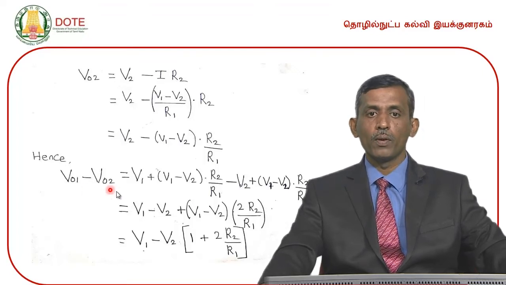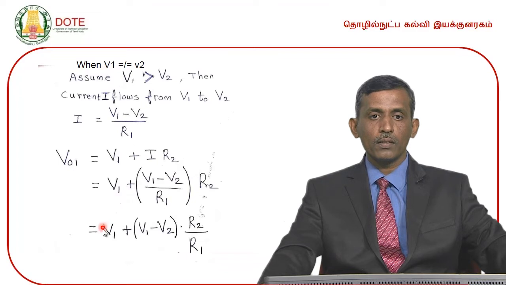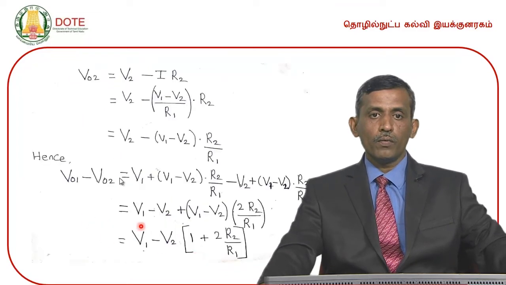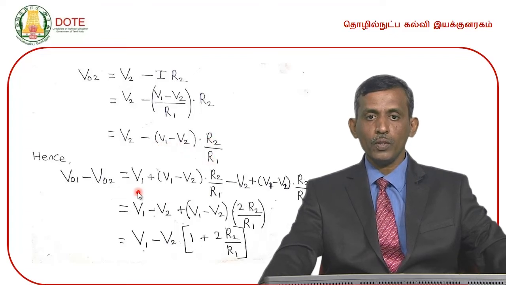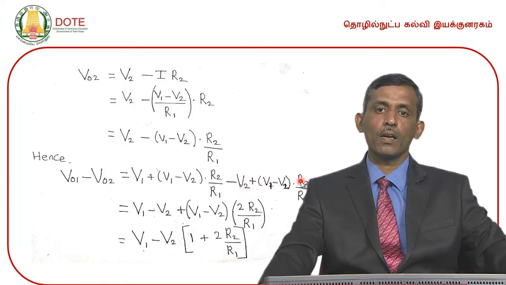We are going to take the difference between the two. So what is the difference? VO1 is V1 plus V1 minus V2 into R2 by R1. VO2 is V2 minus V1 minus V2 into R2 by R1. So when you subtract, you get V1 plus V1 minus V2 into R2 by R1 minus V2 plus V1 minus V2 into R2 by R1.